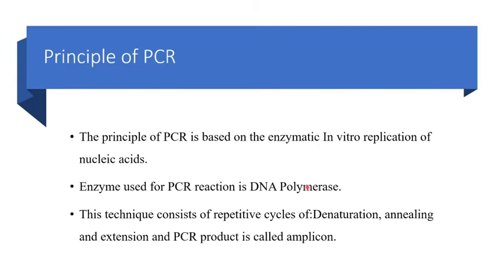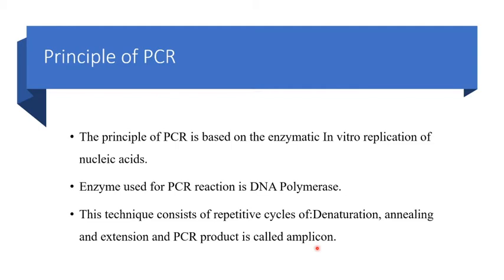Let us learn about the principle of polymerase chain reaction technique. The principle of PCR is based on enzymatic in vitro replication of nucleic acid. Enzyme used for PCR reaction is DNA polymerase, and this technique consists of repetitive cycles of denaturation, annealing and extension or elongation, and the PCR product formed is called an amplicon.